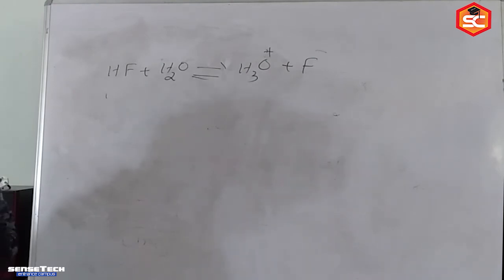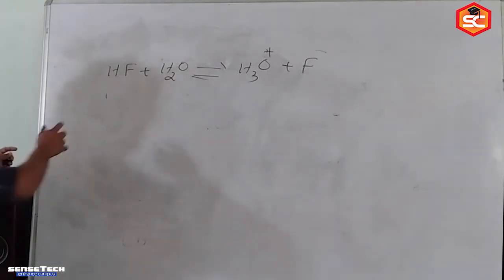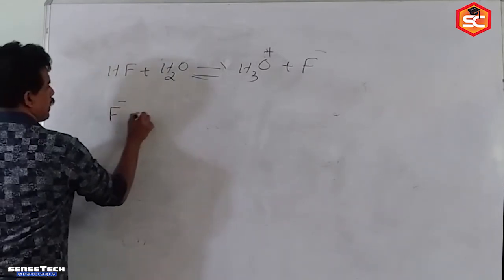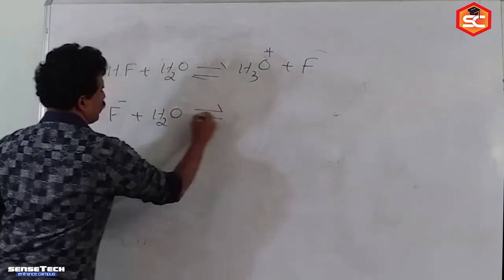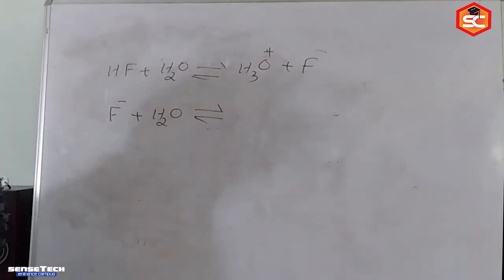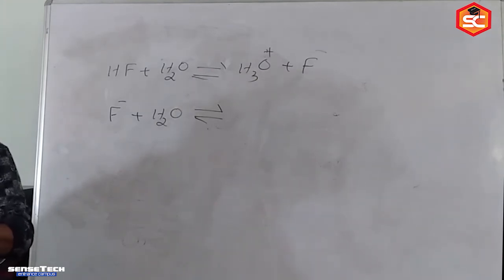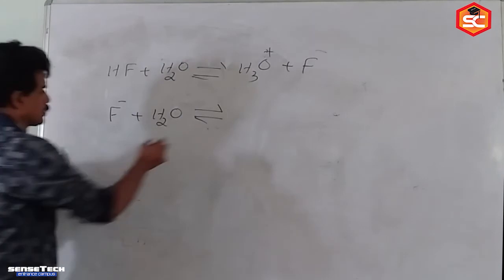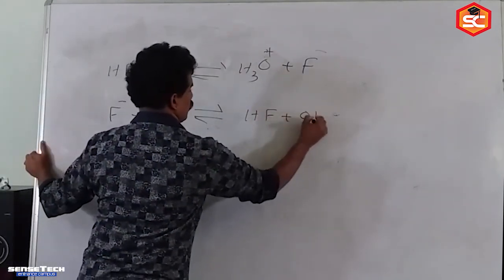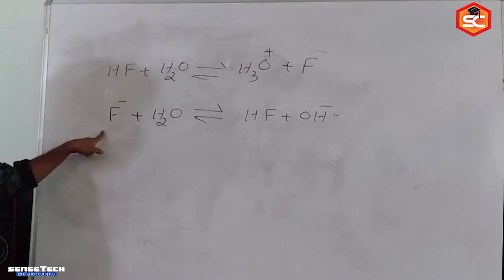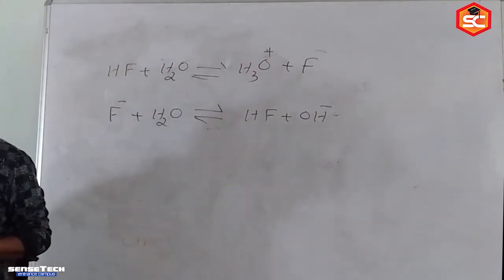In the same way, they have given pKb for the fluoride ion, and we need the ionization constant of hydrofluoric acid in water. F minus plus H2O, in water medium it will ionize to HF plus OH minus.